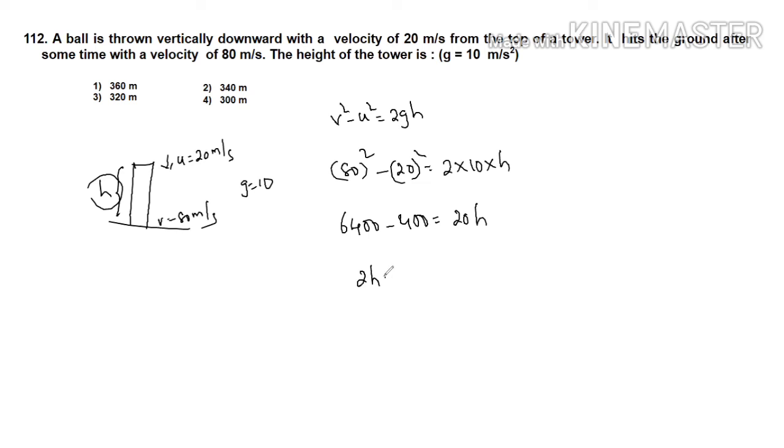So 20h is equal to 6000. So h is equal to 300 meters. So the height of the building is 300 meters.